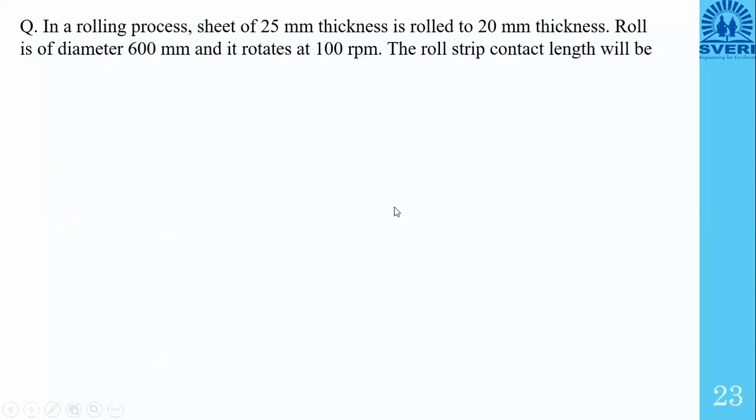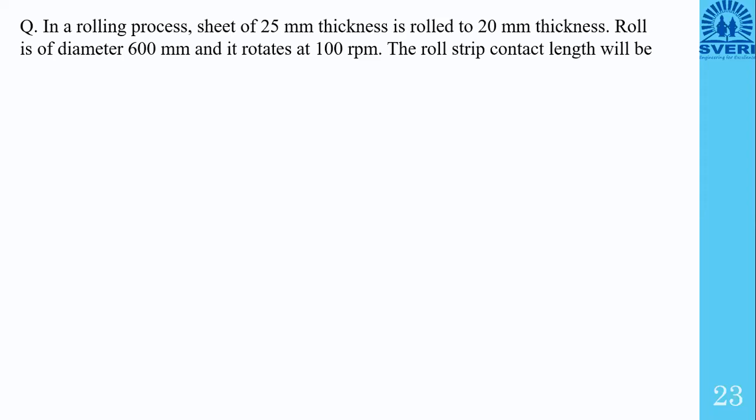Let's take one more example. In the rolling process, a sheet of 25 mm thickness is rolled to 20 mm thickness. So Ti is given, Ti is 25 mm, Tf is 20 mm, roll diameter is 600 mm, and it rotates at 100 RPM.